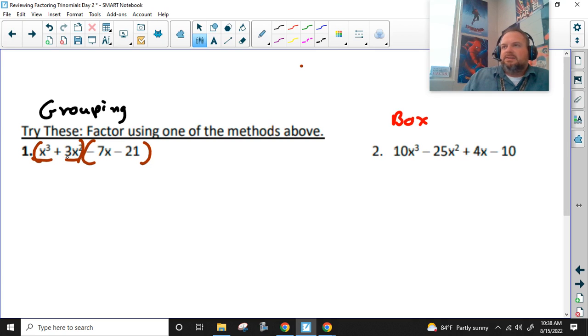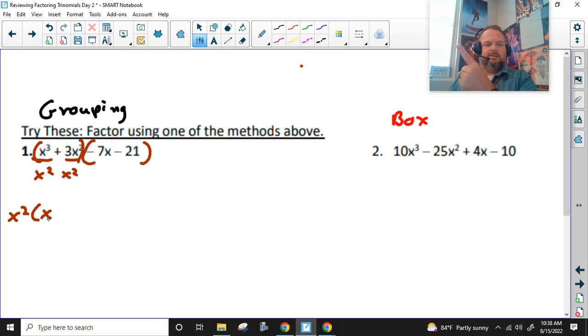What's the smallest exponent? x squared. Okay. So I can divide that out. I'll just put it right here. Well, if I have 3 x's and 2 of them mysteriously disappear, I have 1. And if I have 2 x's and they mysteriously disappear, I'm left with this.